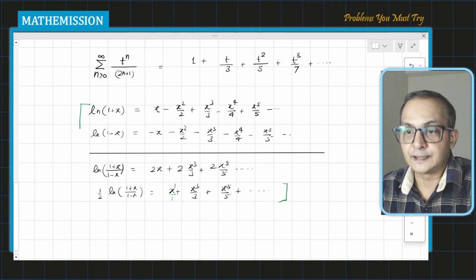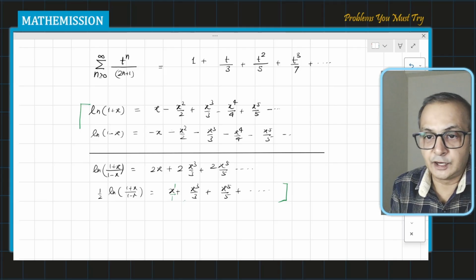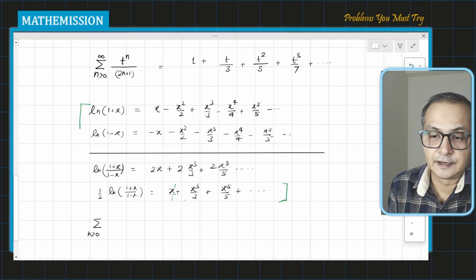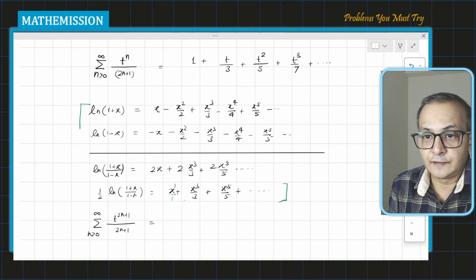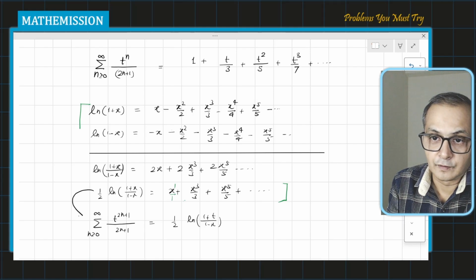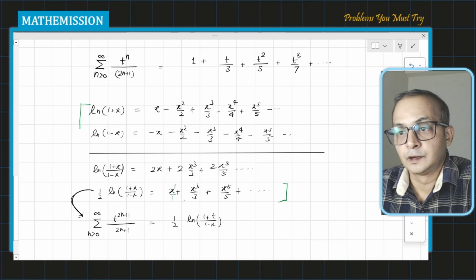So it means this is giving you the summation. If I ask in terms of t, n goes to 0 to infinity, I can write t to the power 2n plus 1 divided by 2n plus 1. This will definitely give you half of log 1 plus t by 1 minus t, because this result you can use to write this in a shorter way, isn't it?